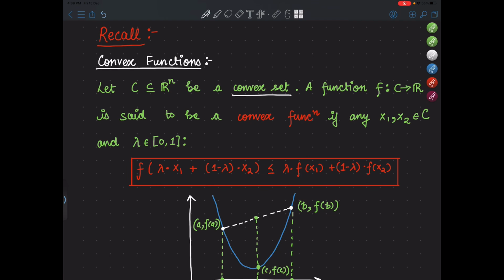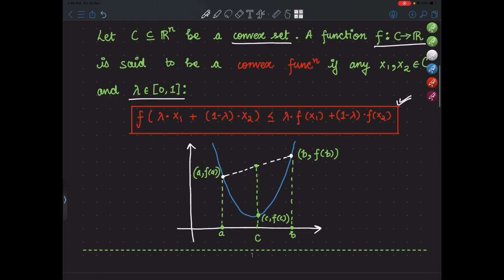So if C is a convex set, a function f from C to R is said to be a convex function if for any 2 points x1, x2 in that set C, and for some lambda, a real number between 0 and 1, this condition is true. So what does this condition say? That for a linear combination of those points, a point on the line segment between these 2 points, the functional value is smaller than the value on that line.